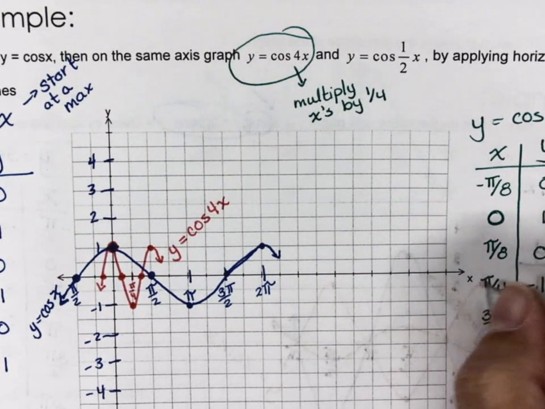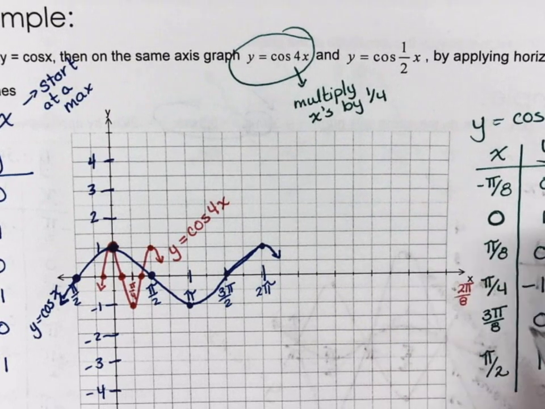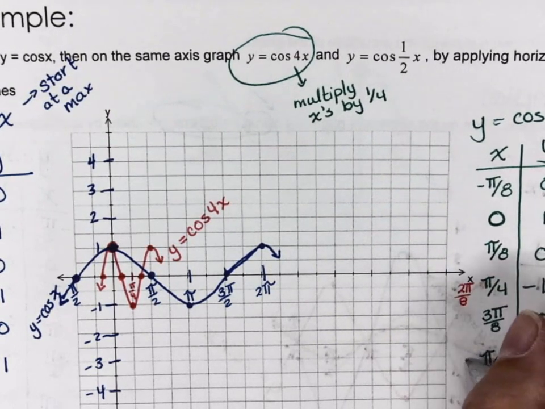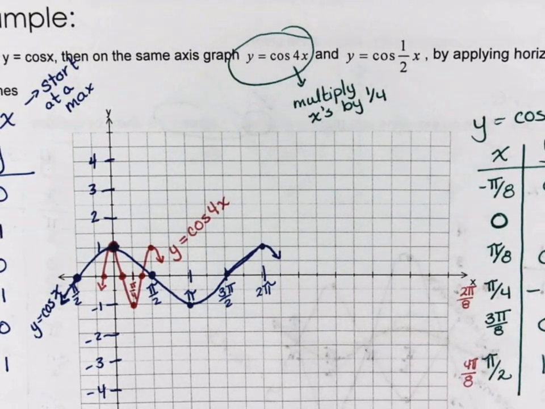So here I might have written this as 2 pi over 8, and this I would have written as 4 pi over 8. We're always big on reducing, but sometimes with graphing, it's easier to have equal increments. Okay, how does that feel besides being really squishy? Not terrible? Kind of terrible?